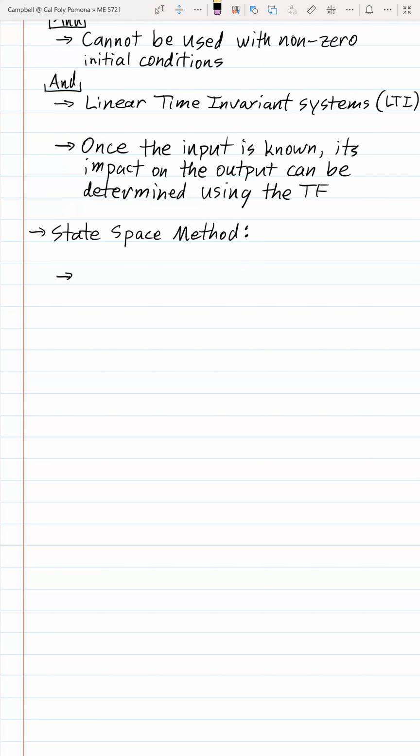So the state space method, first of all, how does it differ in the way it represents things?